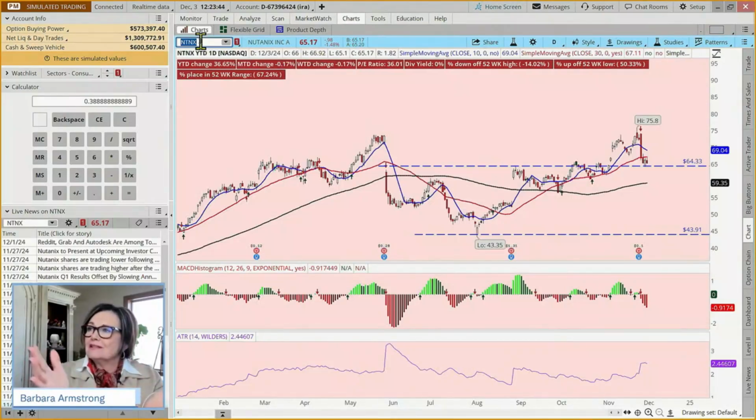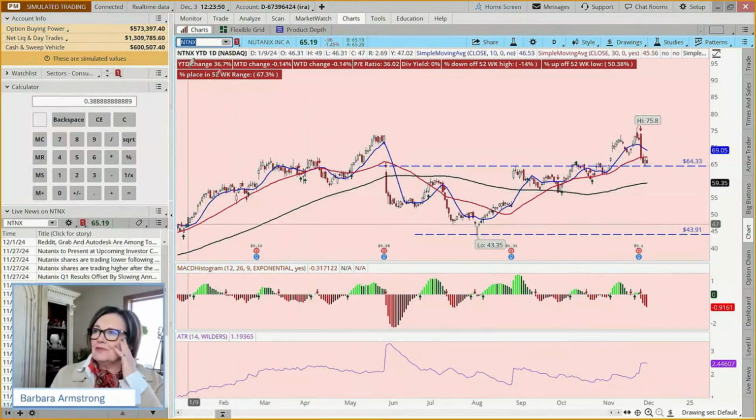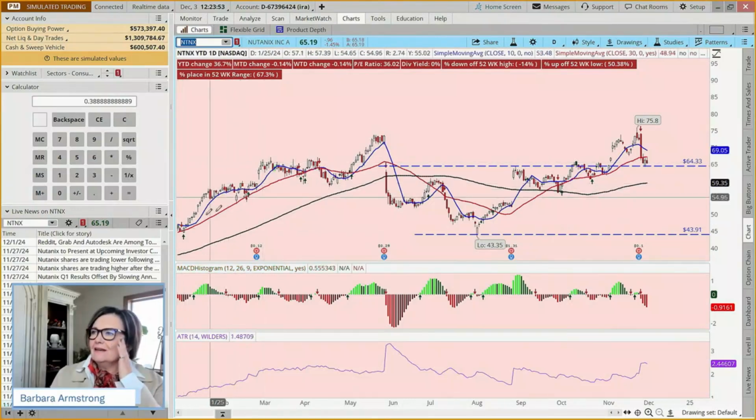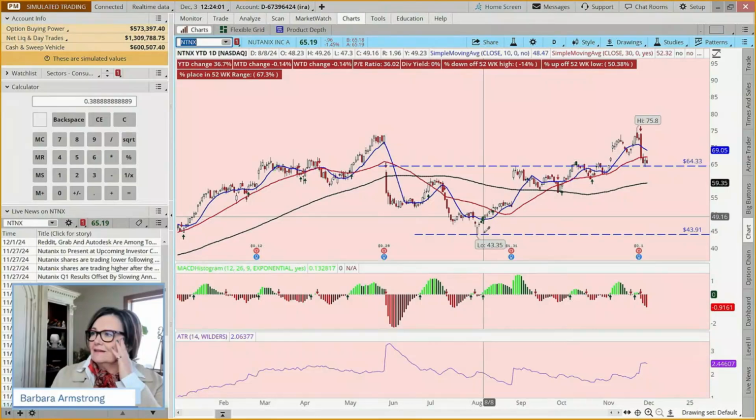So here was a stock, Nutanix, that was really moving to the upside, up 36% year to date. It was coming up and then it got clobbered on earnings and fell, tried to rally, fell again.